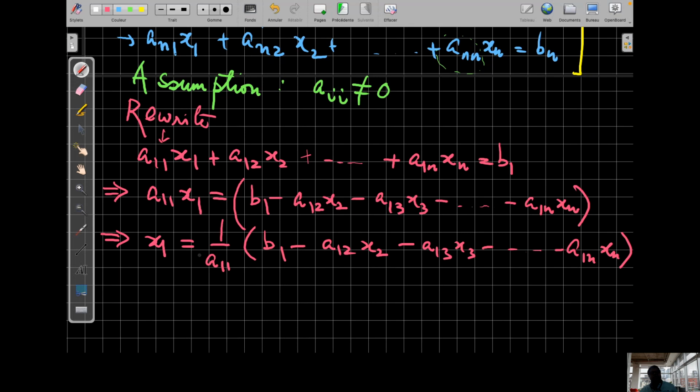This is how we write it. If we really have to follow the sigma notation, we will do it later. But anyway, this is the first equation. When we rewrite the first equation, it becomes like this.